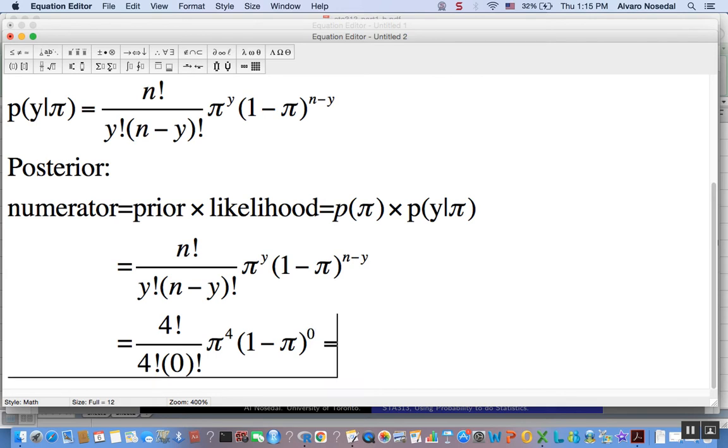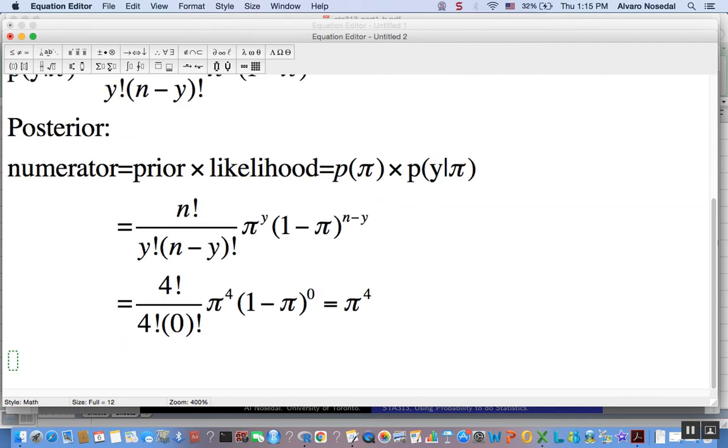So in the end, the numerator is just pi to the power 4. 0 factorial is 1, these guys cancel out, this is just a 1. So that's our numerator, pi to the 4th power. Make sense?